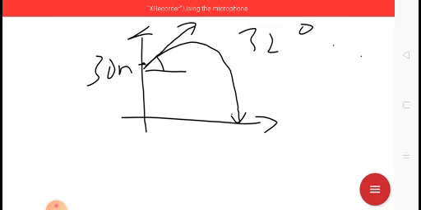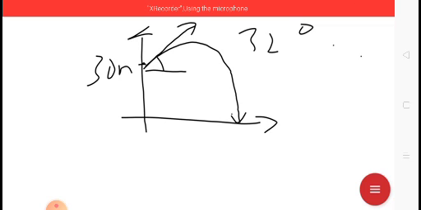So for this question, find the time for which the stone is in the air. If the question asks this way, it means you need to calculate the time at the instant the stone touches the ground.